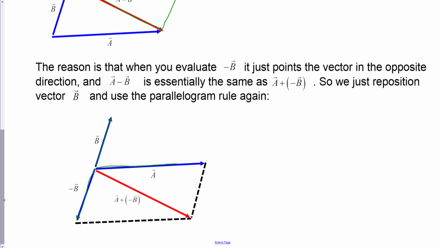A is still in the same place. Here's my parallelogram. And the sum of those vectors now would be that vector right there, which if I retranslated this vector that I've colored in green, it would translate right back up here. So this is the vector A minus vector B.